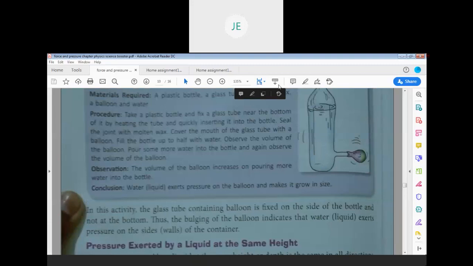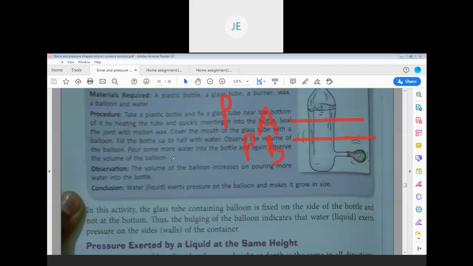If you see the points here, at what point is the pressure more? Let us try to understand. It is the A point and B point. So pressure at A or pressure at B, which will be more?